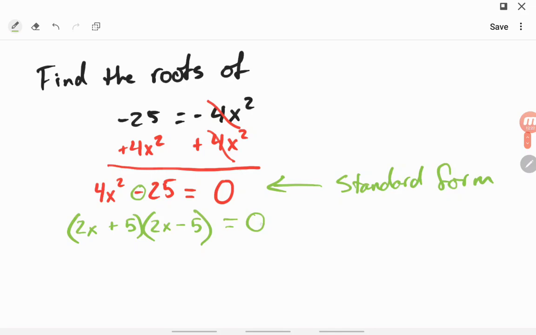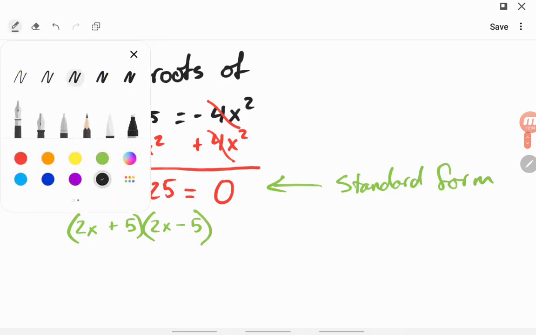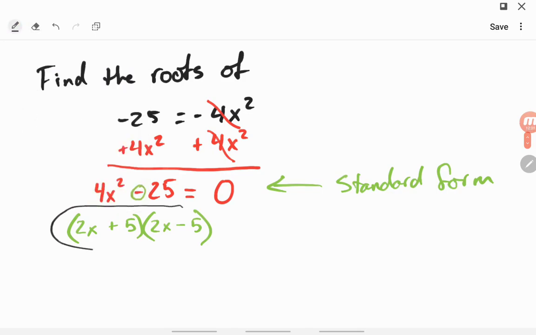Remembering to set this equal to 0 is very important, because if we don't have this, and we're left with just 2x plus 5 times 2x minus 5, that product there, where can we go? We can't solve for x. So we have to make sure that this is equal to 0, because when it's equal to 0, we can actually find what x equals.